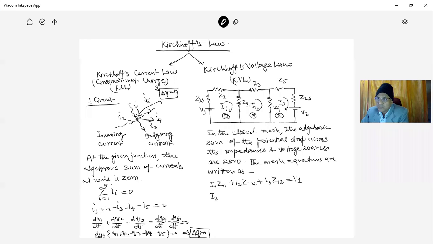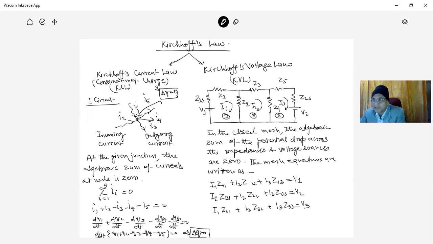Here it is I1 Z21 plus I2 Z22, this is I3 Z23 is equal to V2, and I1 Z31 plus I2 Z32 plus I3 Z33 is equal to V3.